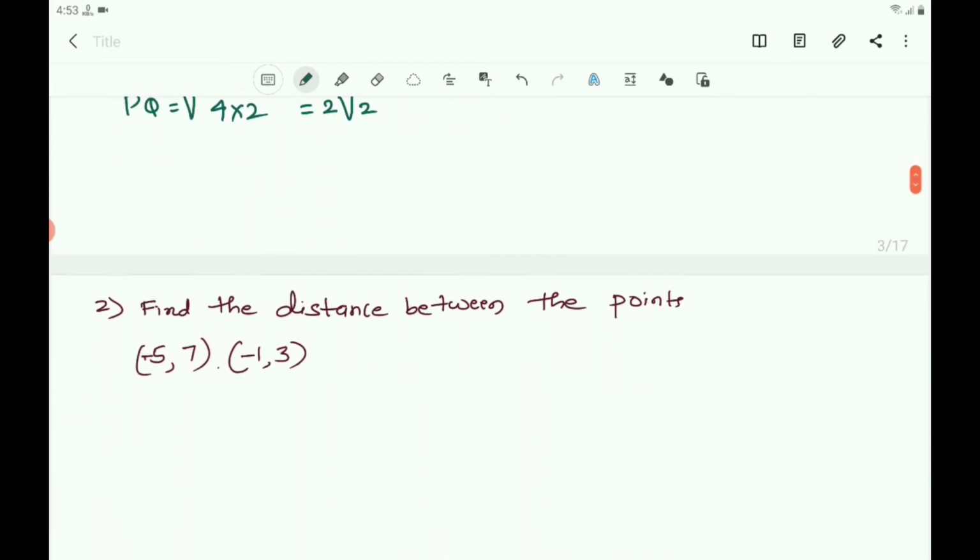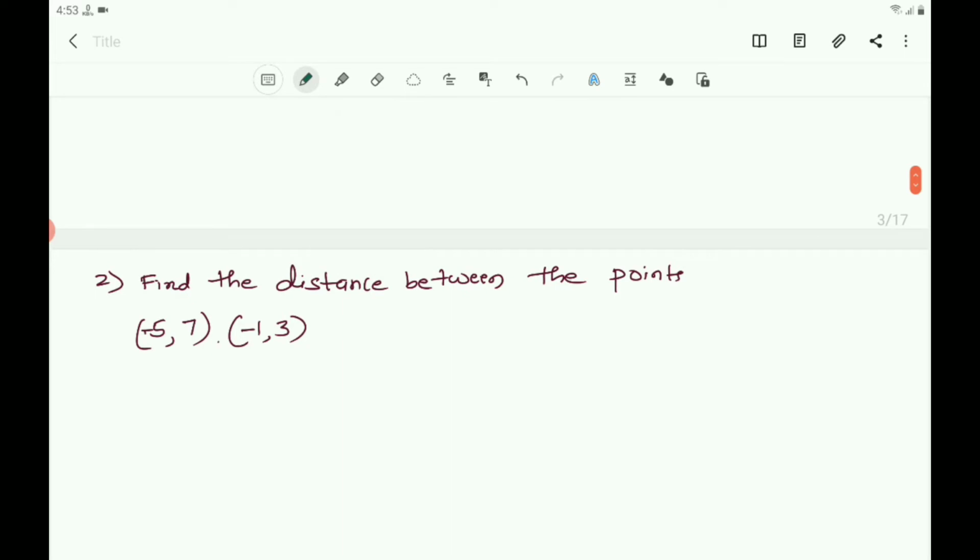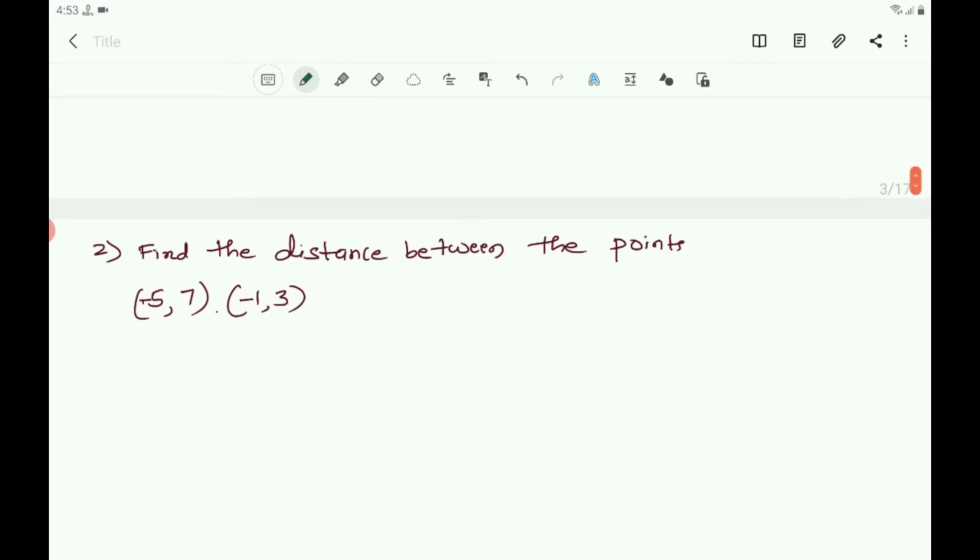The next one is find the distance between the points (-5, 7) and (-1, 3). Now you consider, let P of (-5, 7) and Q of (-1, 3).